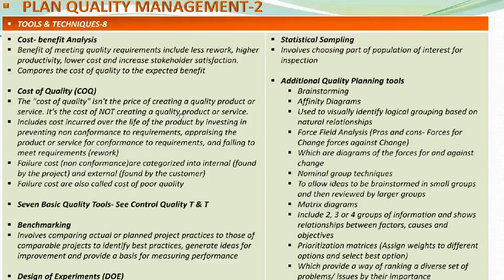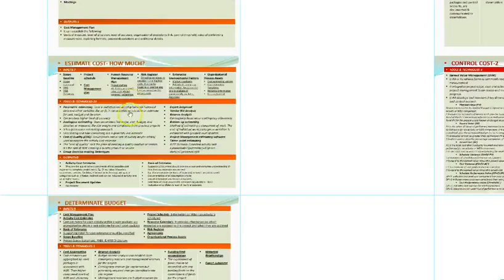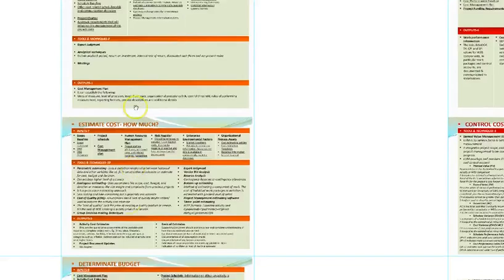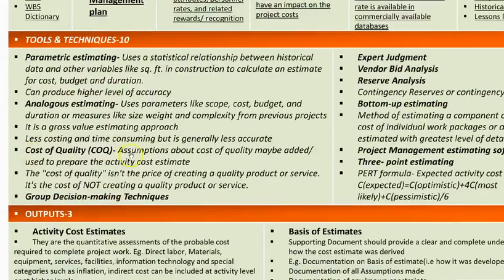Now the second tool and technique is cost of quality. Now the cost of quality is the price of creating a quality product or service. It is also the cost of not creating a quality product or service. So if you look in the previous process, we have the same tool and technique, cost of quality.